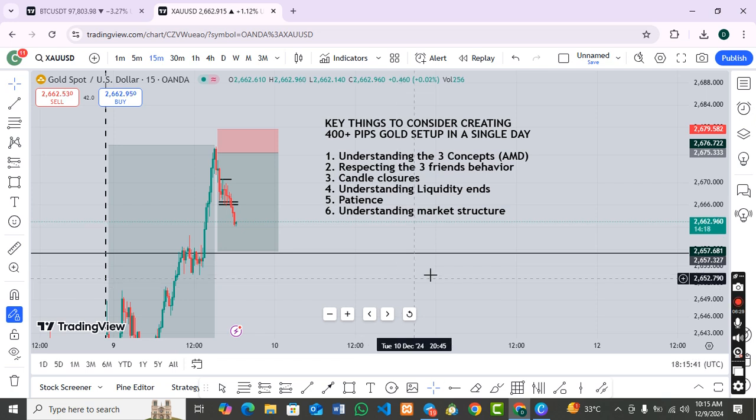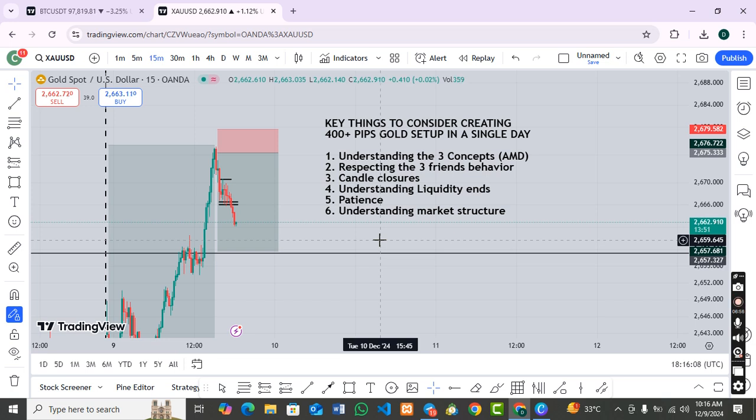Now, these three friends, who are they? Let's talk about them. Number 1, I call them friends. Number 1 is market shift, or change of character. Then the second friend, I call an order block.